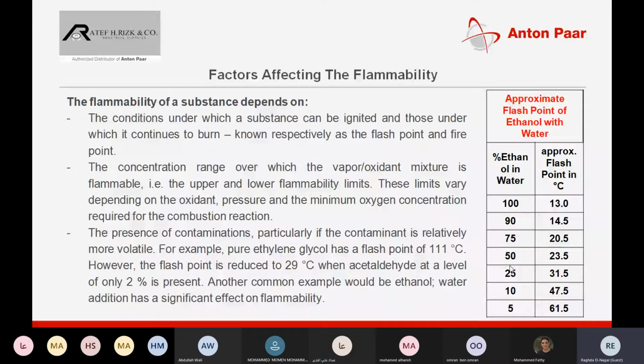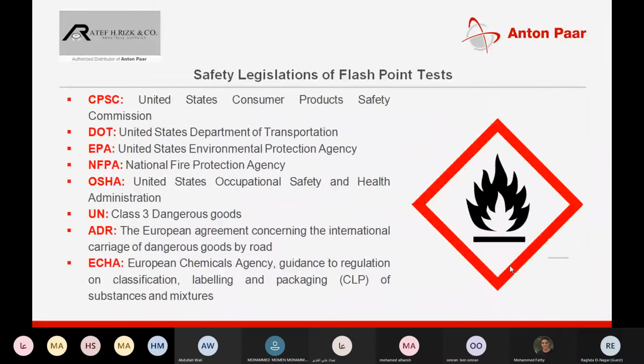A common example would also be ethanol and water, which change the flammability of the sample. There are many organizations that give us safety legislation of flash point, like CPSC, DOT, EPA, UN, ADR, ECHA.